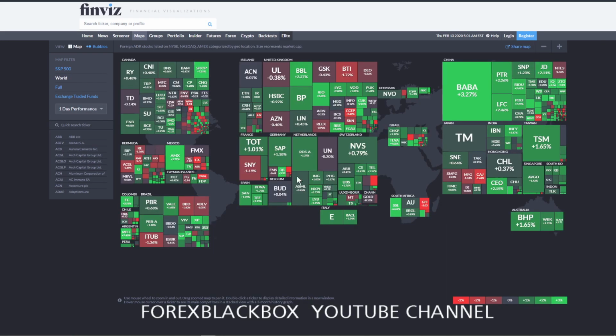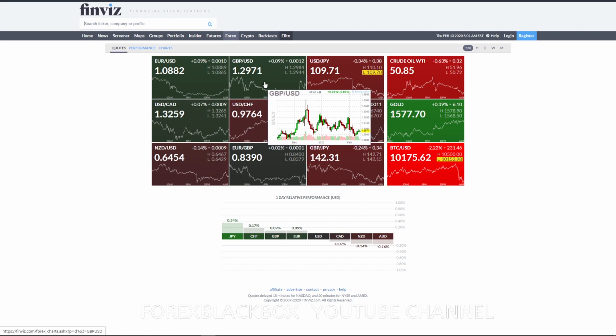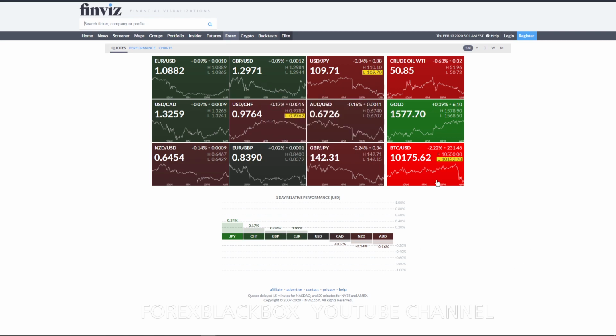In the world itself, we can see China is 3.27% higher. That's to do with the money they injected into the economy to keep everything stable. Let's go to Forex. See pound green here. Bitcoin is red, it broke 10,000 and after that started to get some resistance at 10,000. Crude oil is down, showing weakness.